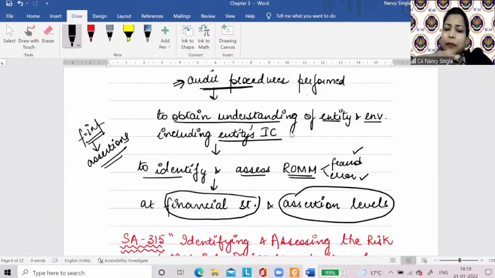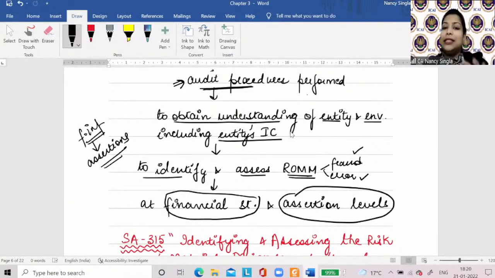Okay? So we as an auditor, we have to give our opinion on the financial statement as a whole. And we know that the financial statement consists of various financial information, or I can say assertions. So unless and until I as an auditor am sure about each and every individual item of the financial statement, I cannot give my opinion on the financial statement as a whole.